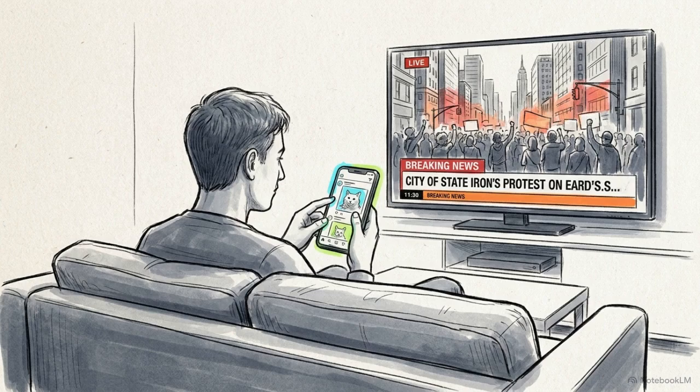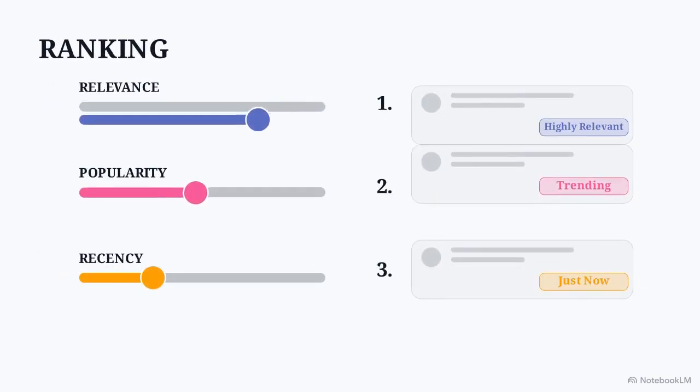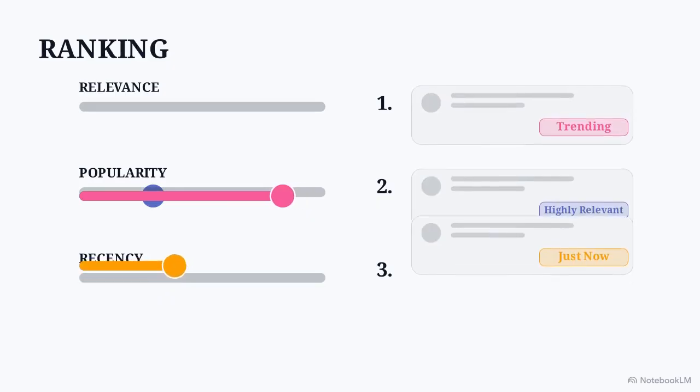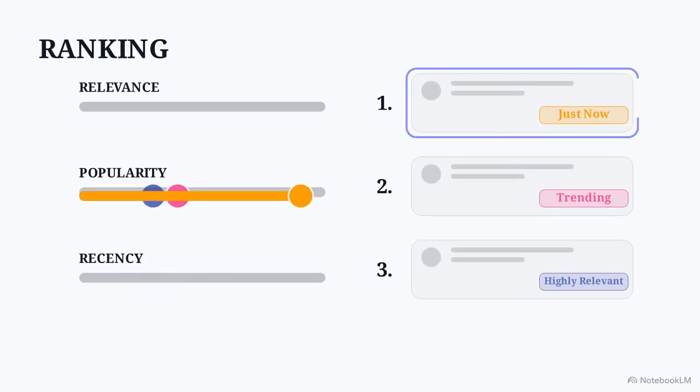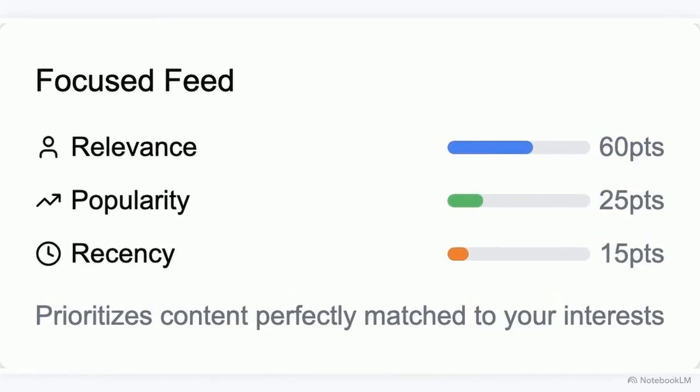The final step is ranking. After the sources are picked and the filters are applied, you dictate the mathematical order of the surviving posts. This focused ranking setup assigns 60 points to relevance, forcing the feed to aggressively match your interests. But pushing relevance this high creates a closed loop.